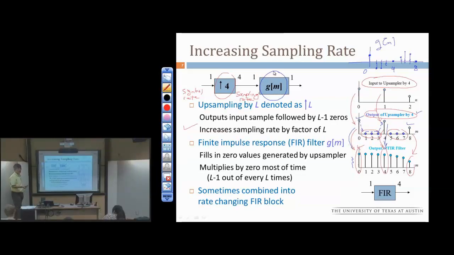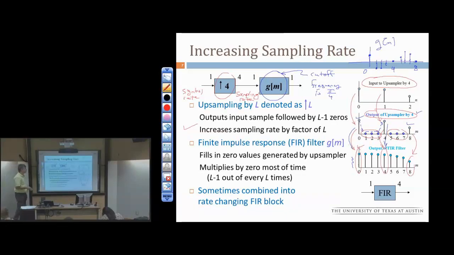Pi over L, right, so the cutoff frequency here is pi over 4. Pi over L, more generally. And yeah, if we could have a two-sided sinc, we'd love that. That would be the ideal low-pass filter. We just can't build it. Right? Good.